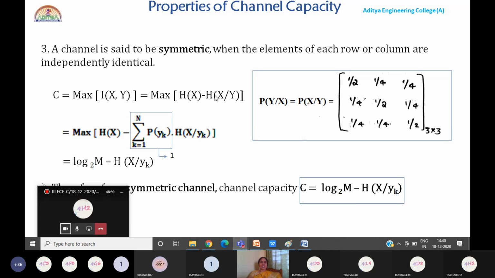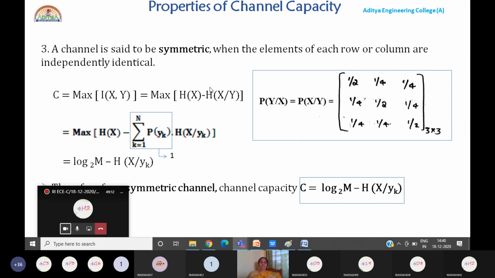Here we are representing which entropy? The conditional entropy H of x by y in terms of average conditional entropy H of x by yk. I think you will remember. While deriving the expression for H of x by y, on that day I told you two steps are there.